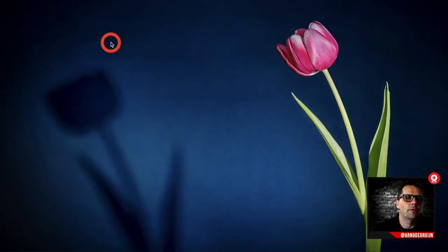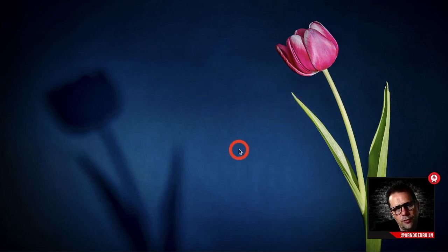Next one is simple. We're from Holland, so we have a lot of tulips, and you can also do this with a model or with another product, but in this example we used a tulip.